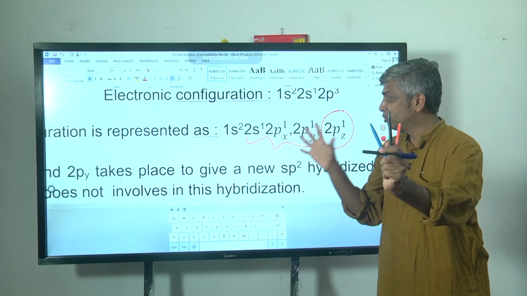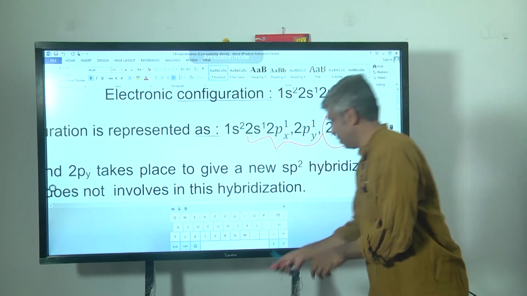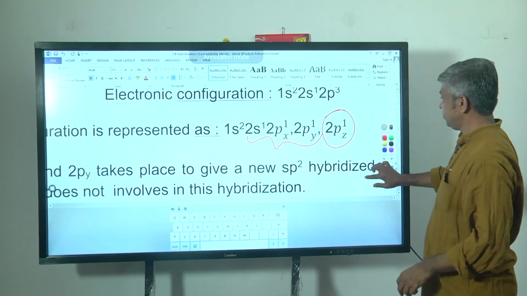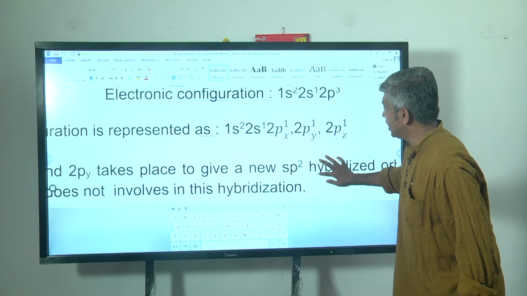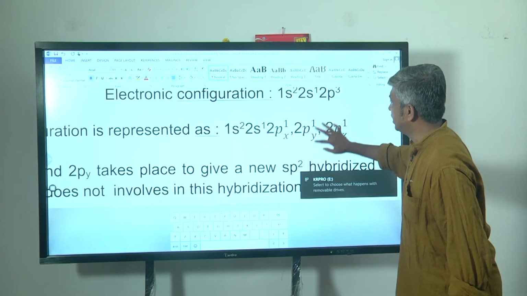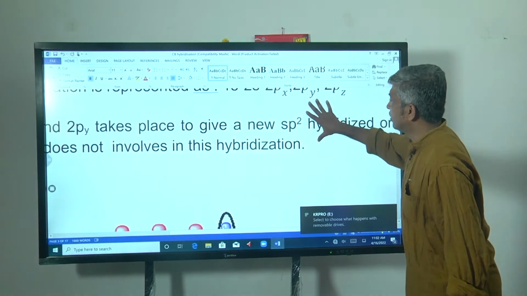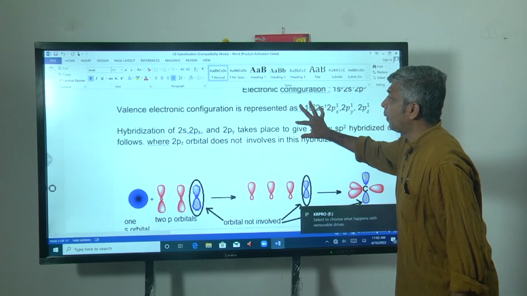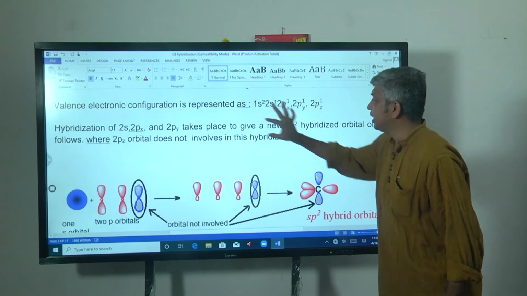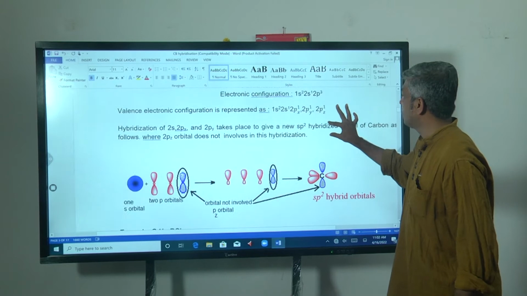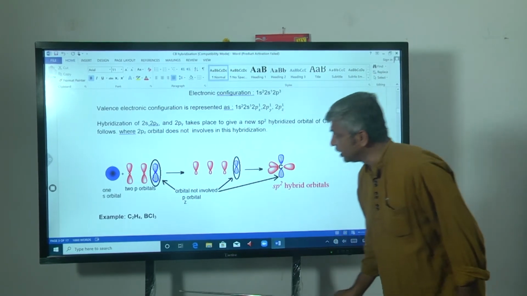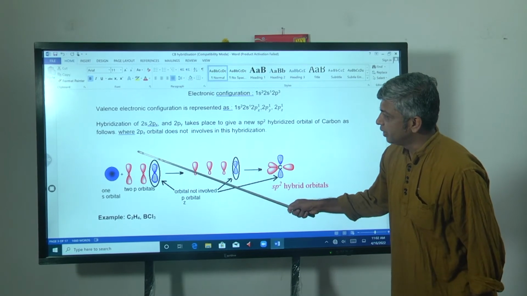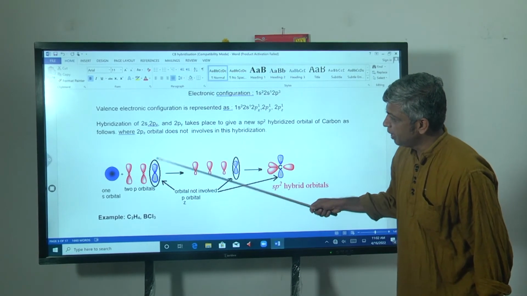Now we will discuss how it is with respect to carbon. When hybridization takes place, 2pz1 is not involved, so let us take that into consideration. Here you can see one s orbital, and this is px, py, pz.